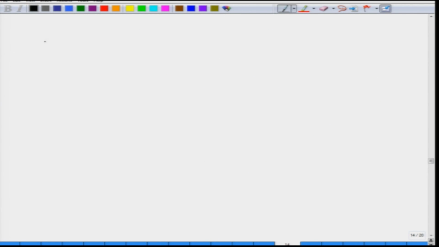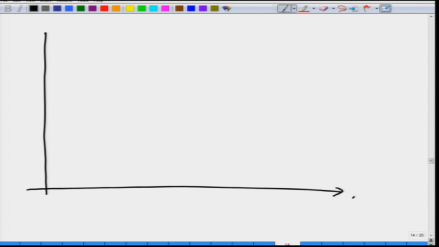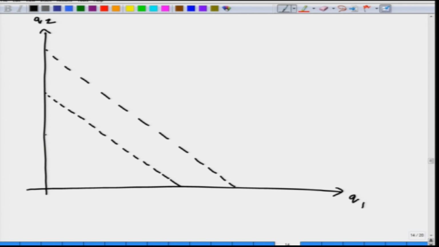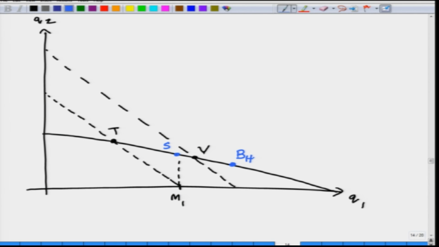Let us look at a third case now. This is again T and V. This is the monopoly level of output M1, which is also the Stackelberg level of output, which is S. Now let us say that B is equal to BH, which is to the right of V. We will see this again separately, but let us just get the intuition.